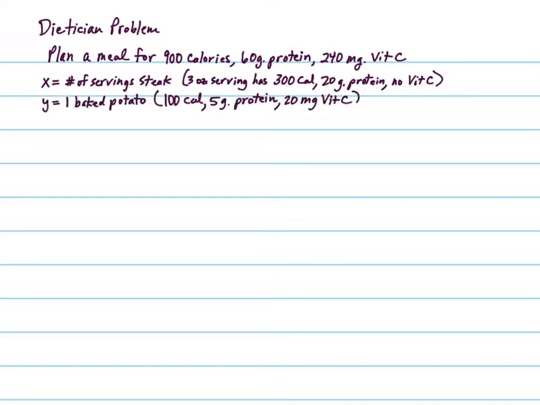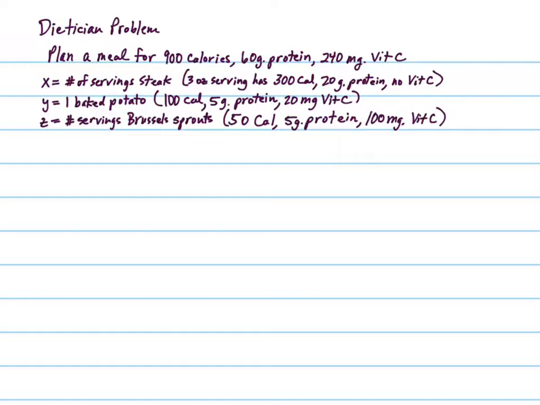And then secondly, we're going to let this be y. It represents the number of baked potatoes. 1 baked potato has 100 calories, 5 grams of protein, and 20 milligrams of vitamin C. And then finally, z is going to be our number of servings of Brussels sprouts. Ooh, that's one of my least favorite foods.